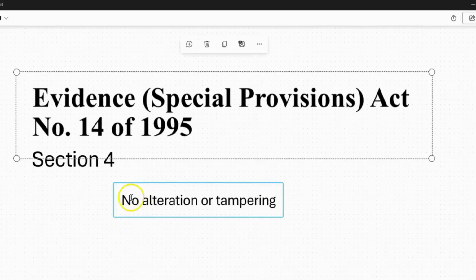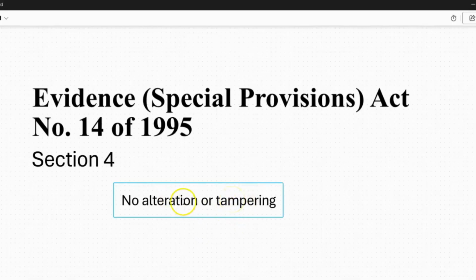The fourth condition is no alteration or tampering. Sorry, the word should be tampering. According to this condition, the recording must not have been edited, modified, or manipulated after it was made.